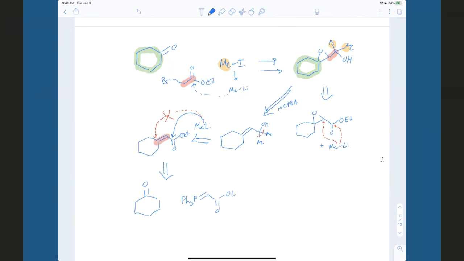And we need this ester, or this Wittig reagent. And the Wittig reagent will come back to a phosphonium salt, which comes back to our last reagent, the bromide plus triphenylphosphine. We have a question.